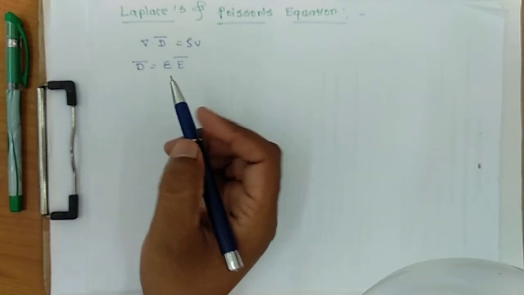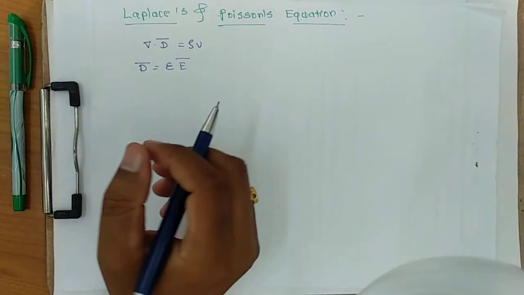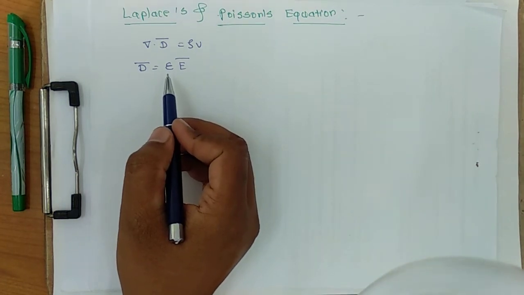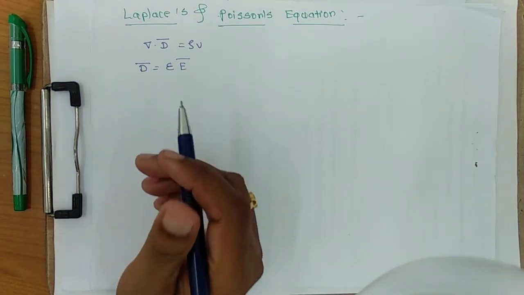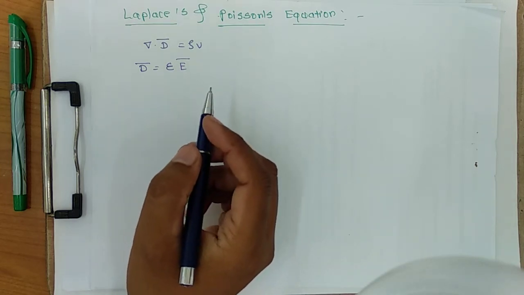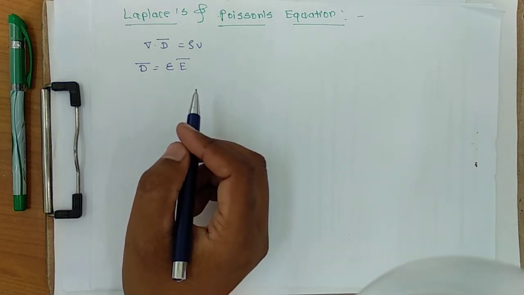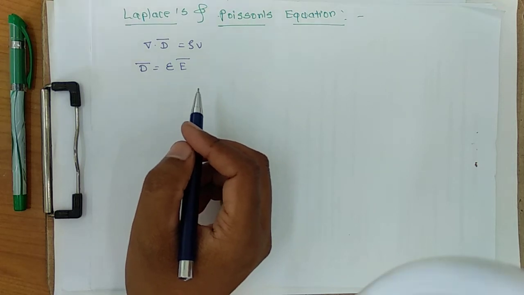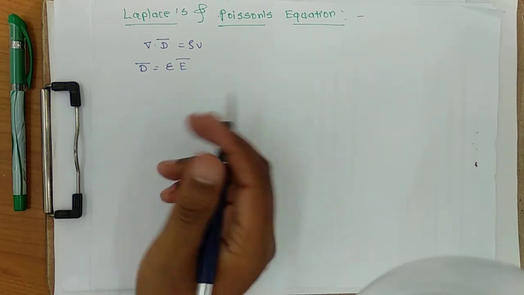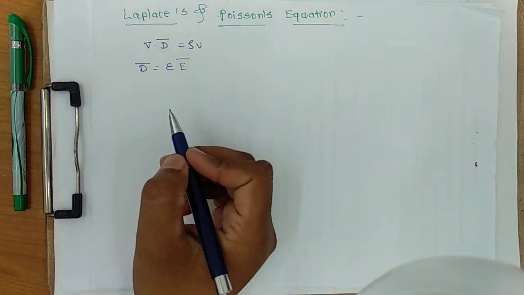If the example gives free space, then you consider epsilon 0. Otherwise, if they give epsilon r for a material, you can calculate epsilon is equal to epsilon 0 into epsilon r, and find the value of epsilon on that basis.